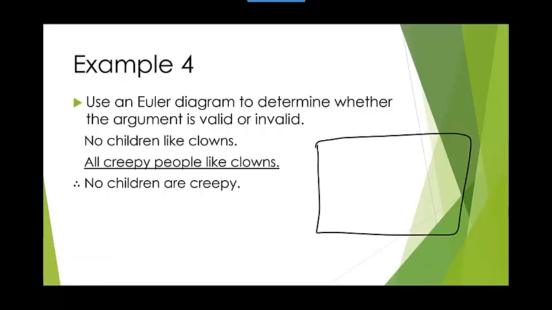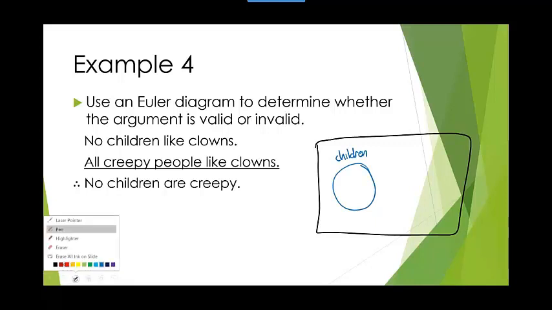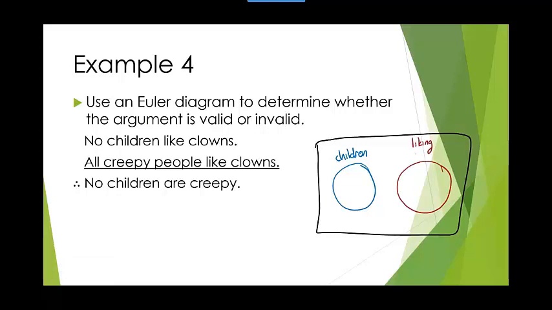So let's draw a picture for this scenario. First sentence, no children like clowns. That means that we've got children, and they're off to the side, and they are entirely separate from the circle of people who like clowns. They do not intersect.